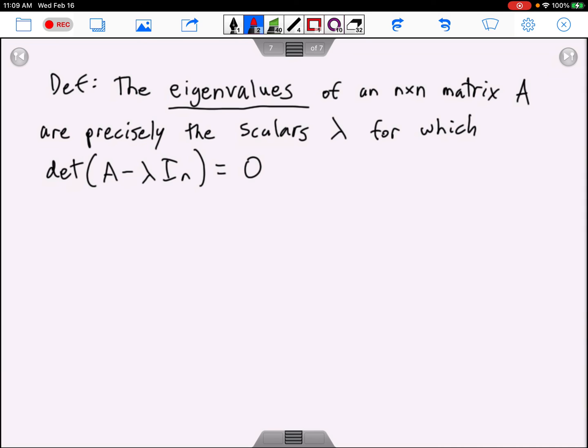Now, here's another important thing. When you take this determinant, you might get a quadratic, a cubic, or a very high degree polynomial that's equal to 0. So you could have multiple solutions, and not only that, but sometimes they're not real numbers. Sometimes they are imaginary. So let me give this as a note here.